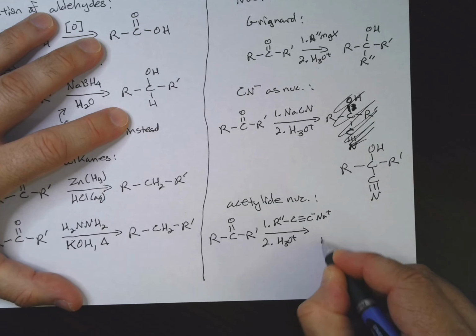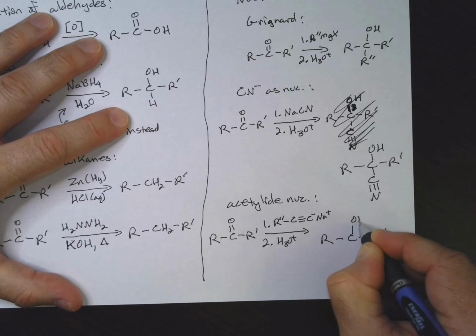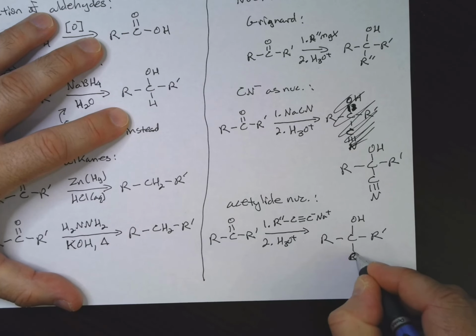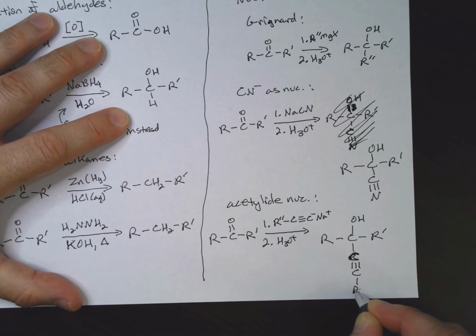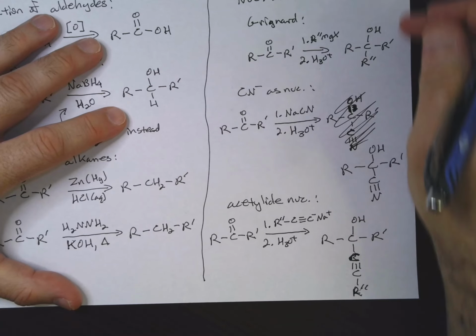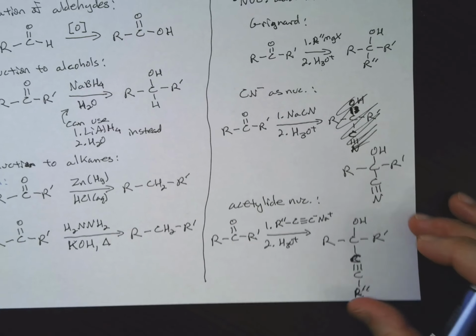That now gives me R, C, R prime, OH, C triple bond C, R double prime. Whew, squeeze all that in there. So these are some nucleophilic attacks that we've seen on carbonyls already.